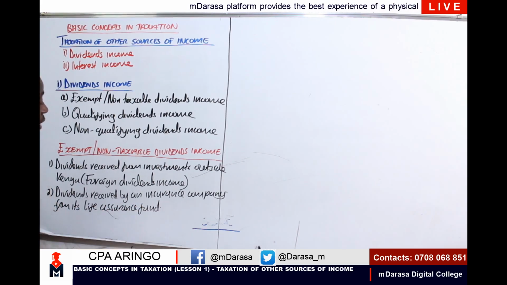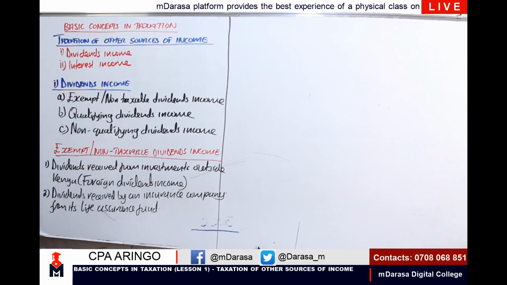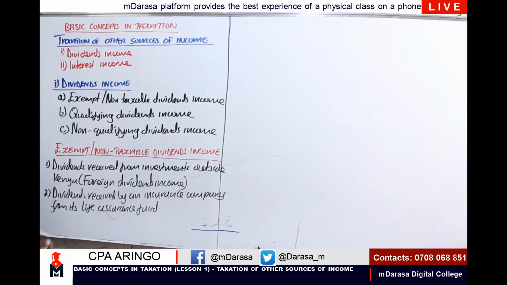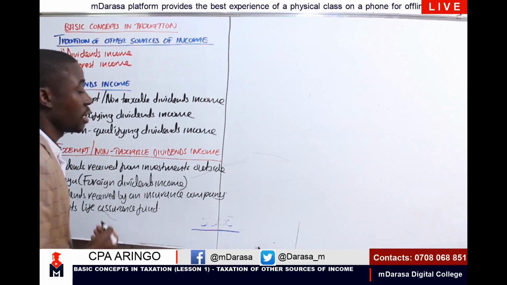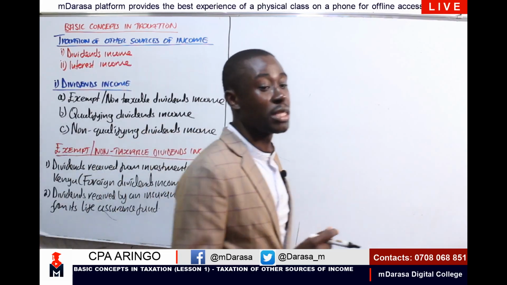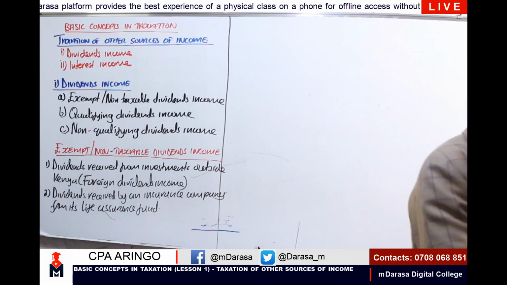Or simply, we normally tend to talk of dividends received from a life insurance fund. That is very important for us to always have at the back of our mind.